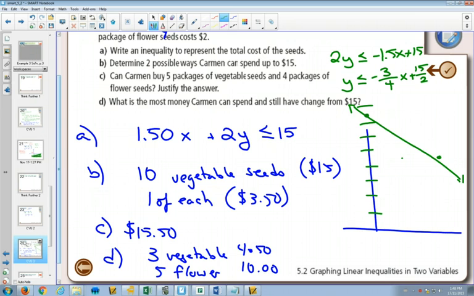So if we're actually going to graph this, our graph would look like this. Remember that our X stood for vegetable seeds, and our Y stood for flower seeds. It also doesn't make sense to buy negative packages of seeds. You can't go to the till and say, I would like -3 vegetable seeds. Can I have $6 back, please? They look at you a little strange.